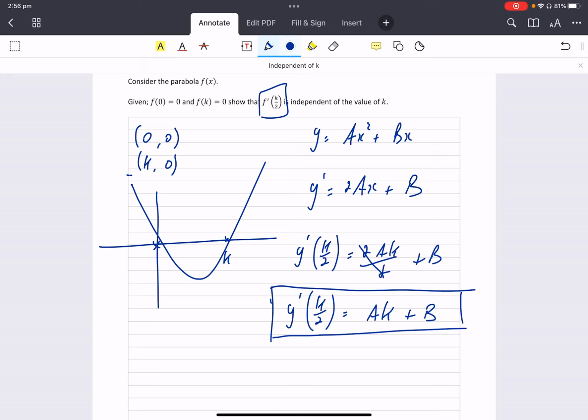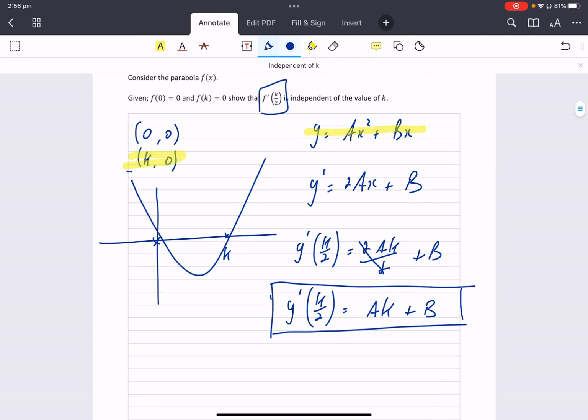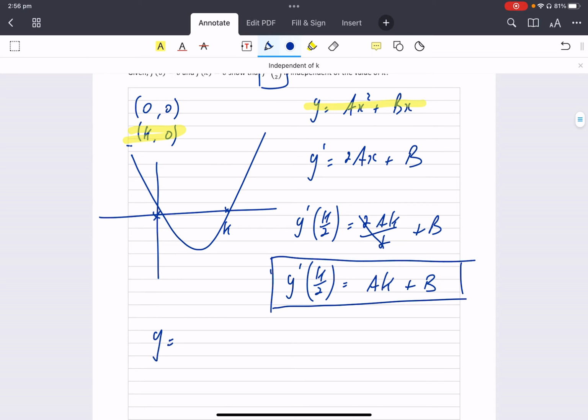What we haven't done is we haven't used that point in the function yet. So we're going to put that point down into this function, because that point lies on the line. Y equals, well, it's not y, it's 0, isn't it? Y is 0 when x is k. So we need this requirement for it to pass through this x-axis intercept of k.